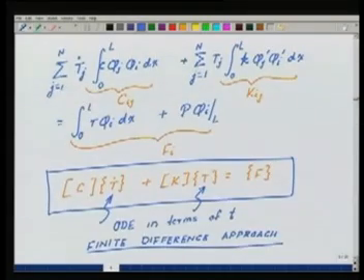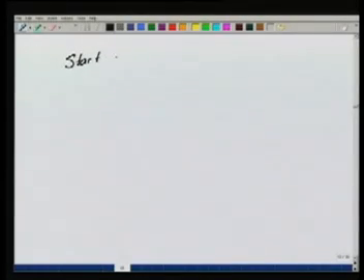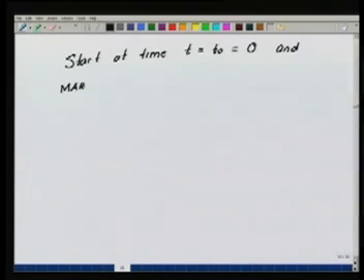I start at time t equal to t naught, which is equal to 0, and we do a marching in time, which we will call time stepping.